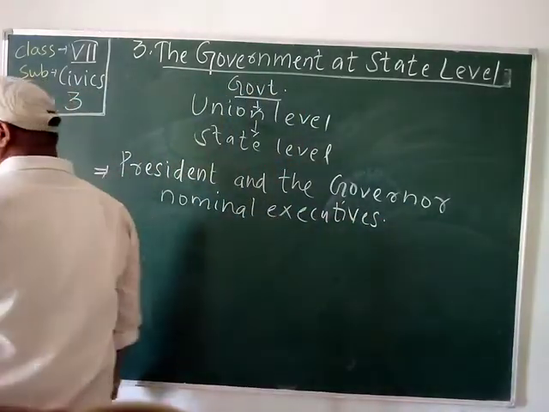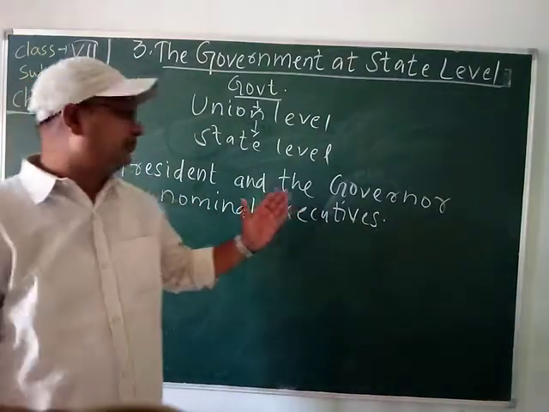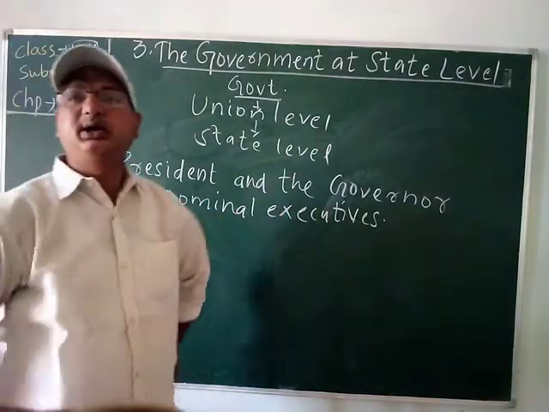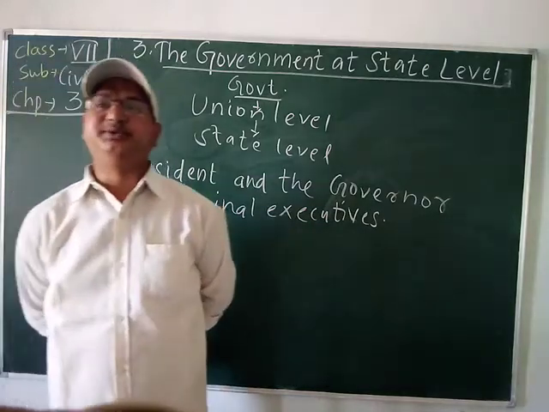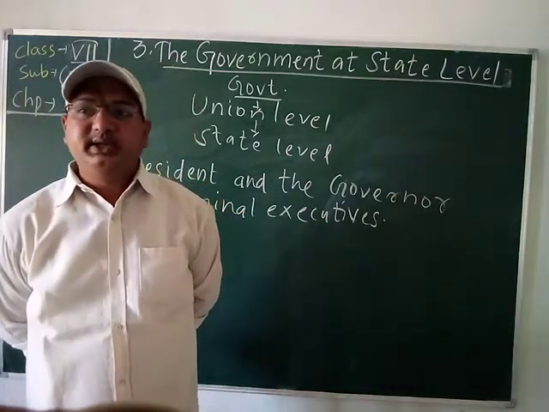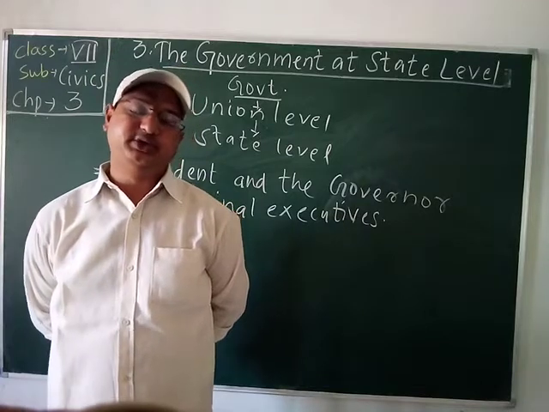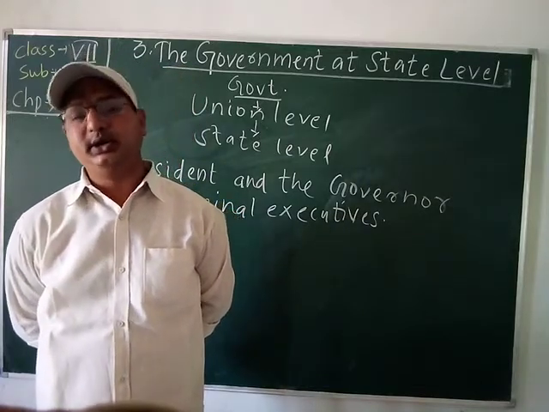Students, always remember one thing, that the president and the governor are the nominal executives, and they cannot use their powers. Students, why? There is a reason, we will read it further.